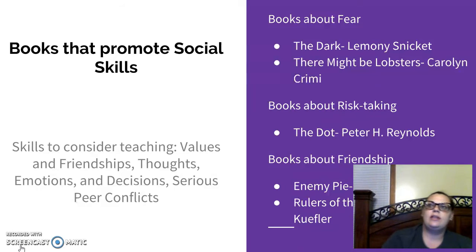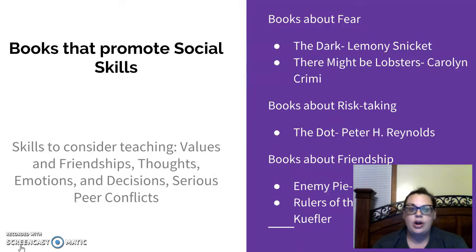Some of the things that I like and that I've seen being used are books that promote these social skills. So skills that we want to consider are values and friendship, thoughts, emotions, decisions, serious peer conflicts, especially if you are dealing with older grades.